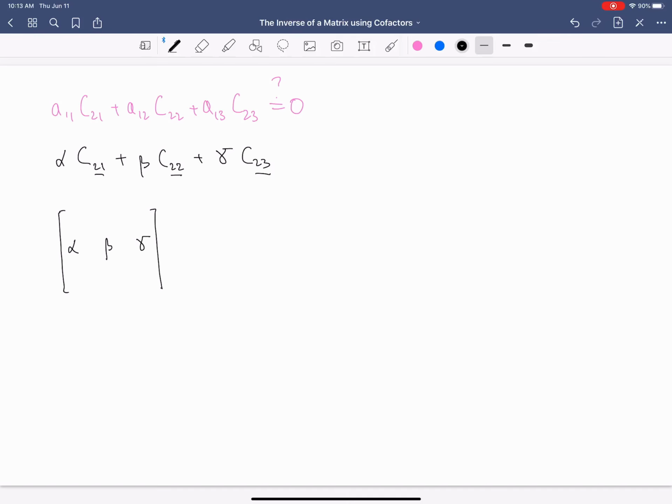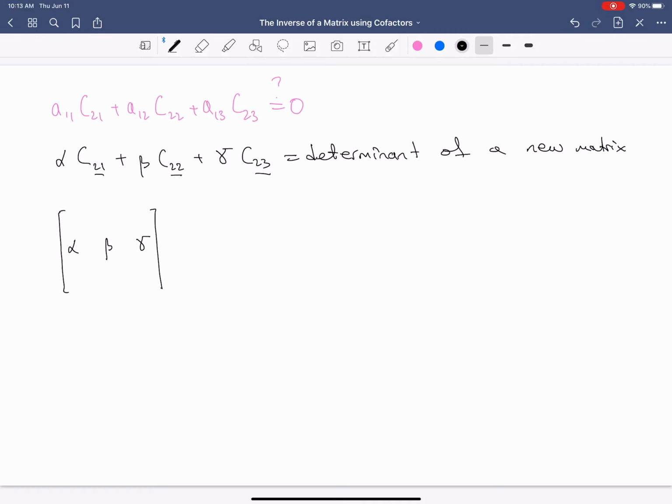Now, what's in the first row and what's in the third row? Well, those things have to be taken from the matrix A because that's what the cofactors are doing. We're looking at a linear combination. We're looking at the determinant. So this can be interpreted, rather, as the determinant of a new matrix.